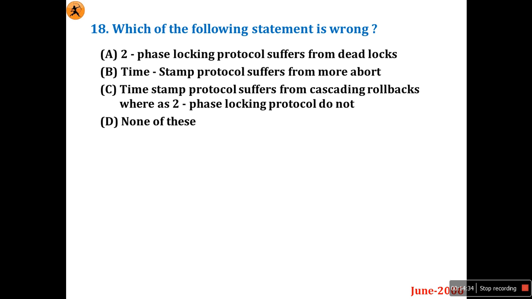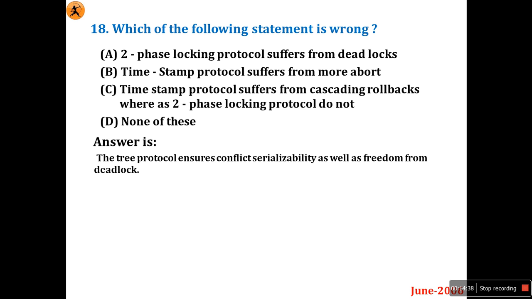It's very useful. For this question I will explain in detail. Later on we will conclude which is wrong: either A is wrong, B is wrong, C is wrong or D is wrong. First I will explain what is two-phase locking, what is the timestamp protocol, what is cascading rollback and all.